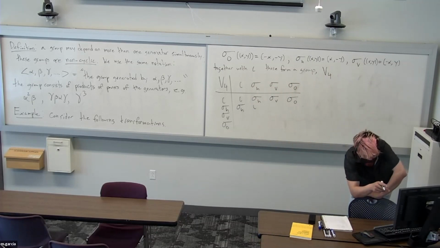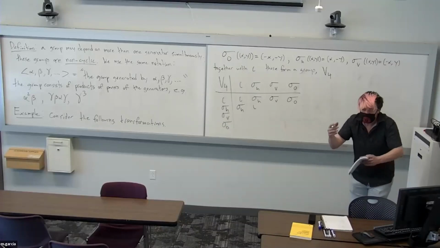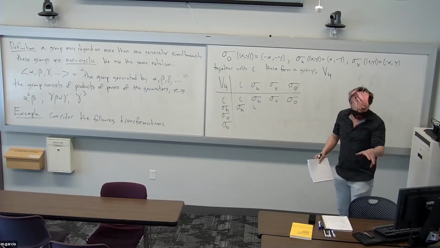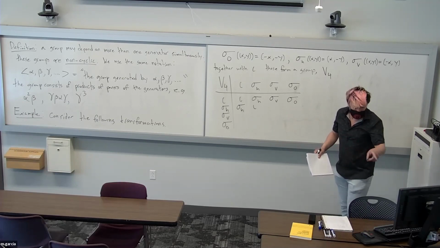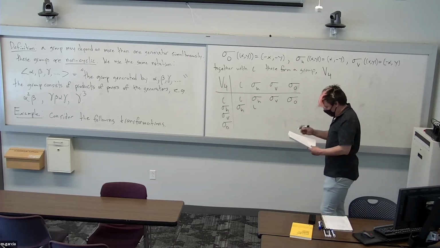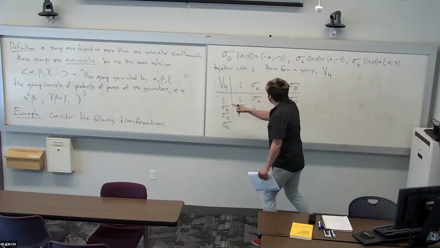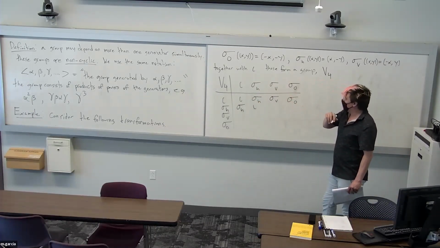Spencer says, I think the V stands for, my German's terrible, Viergruppe, which means four group. And it was Klein, right, Spencer? The Klein 4 group, I think that's right. Thank you for that. Good. I should know my history better. Okay, so what's sigma H times sigma V?